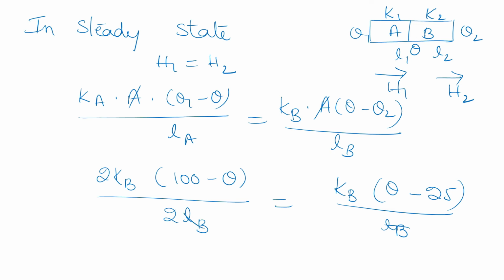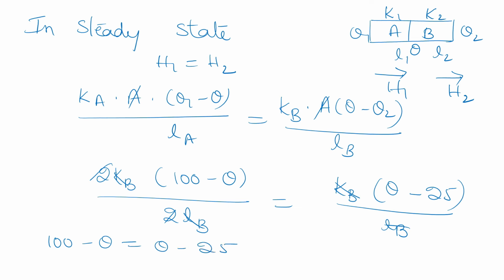LB gets cancelled, KB also gets cancelled. So here 2 into, this 2 gets cancelled. 100 minus theta is equal to theta minus 25.